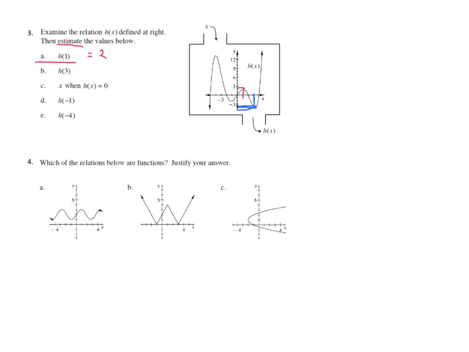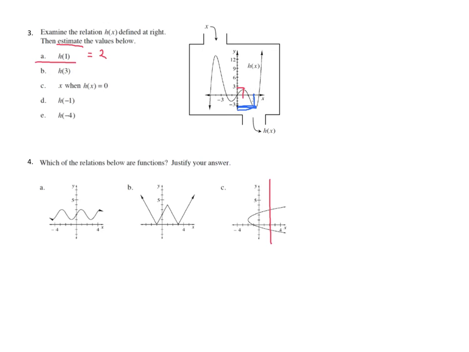Number 4 says, which of these relations below are functions, and justify your answer. Remember that a function has to have one output for every input. So you can use the ruler test. For instance, if we take a look at C, I'll let you handle A and B. Let's pretend I have a ruler that runs up through this at 2.